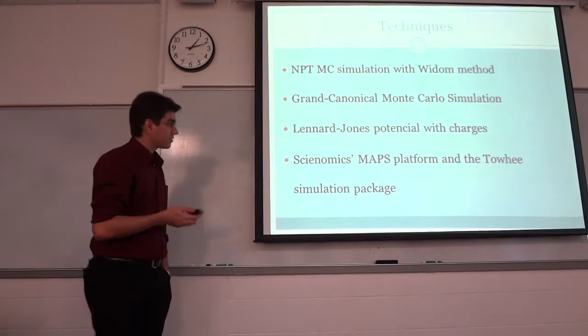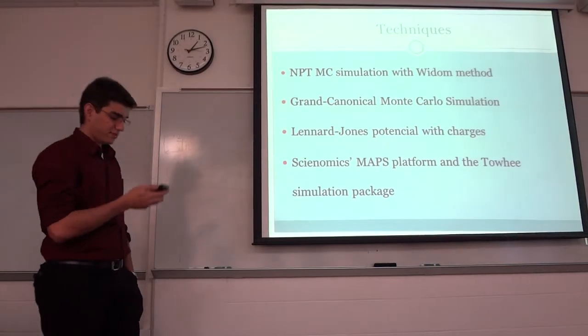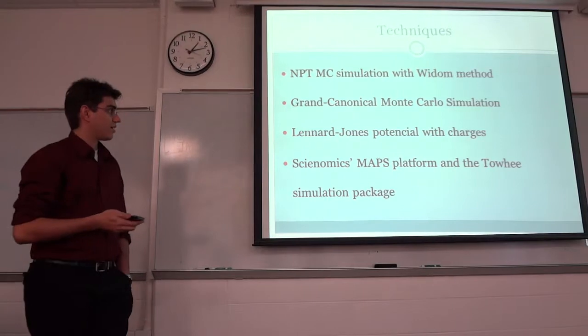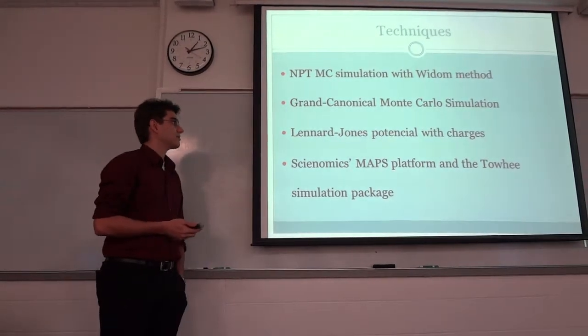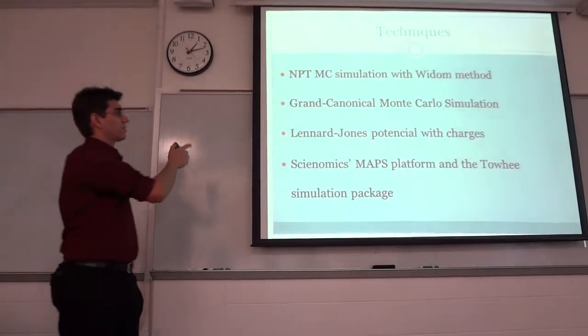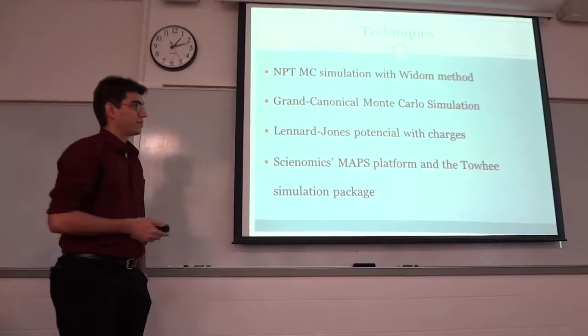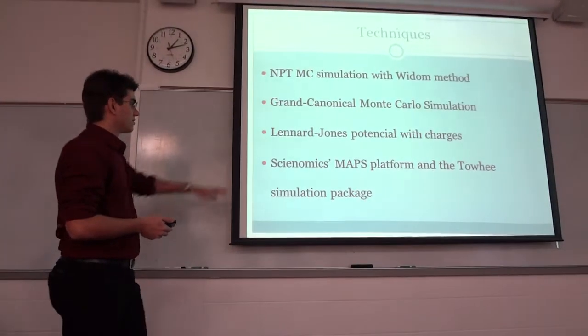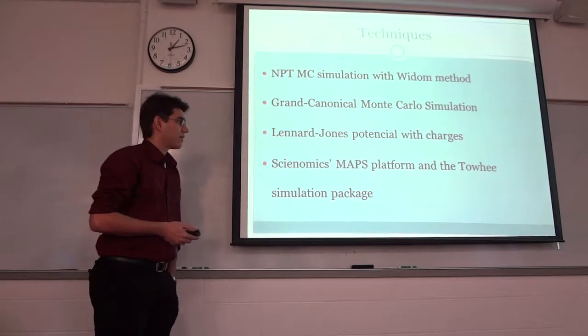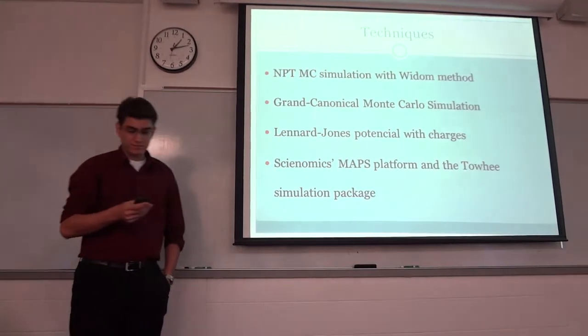After that, they use grand canonical Monte Carlo simulation to calculate the amount of absorbed gas. And they use Lennard-Jones potentials with charges, and they use the Cassandra platform and the TAURUS simulation package.